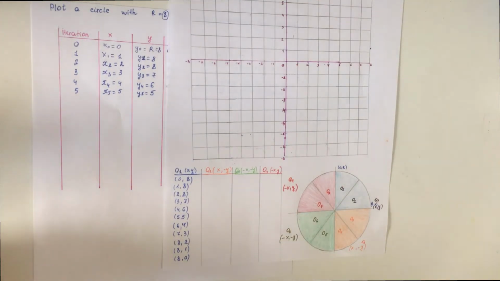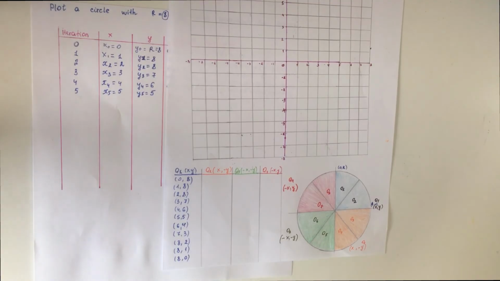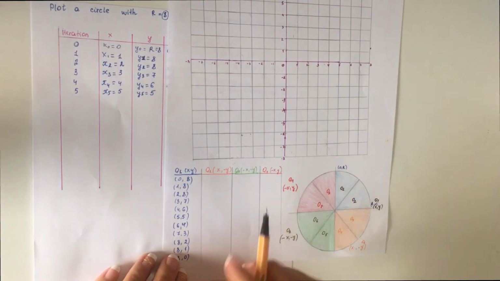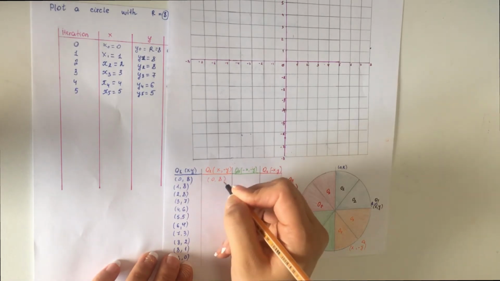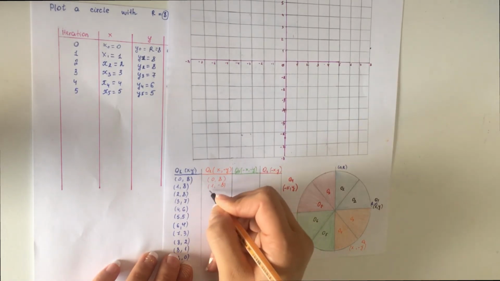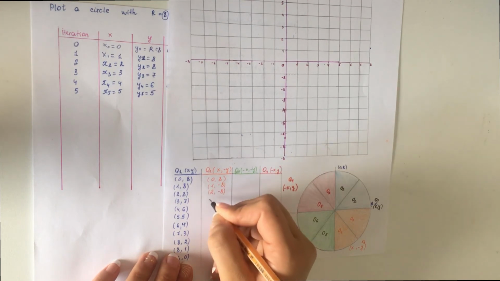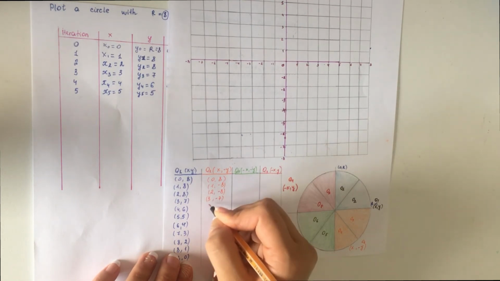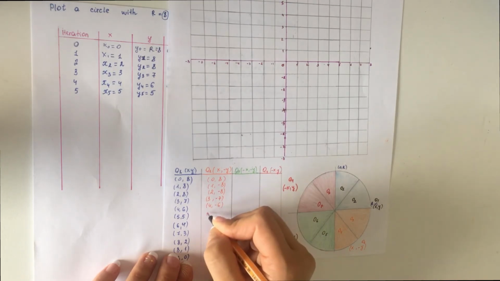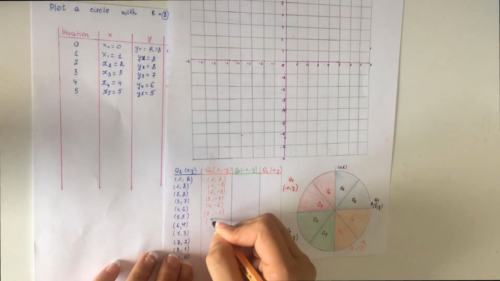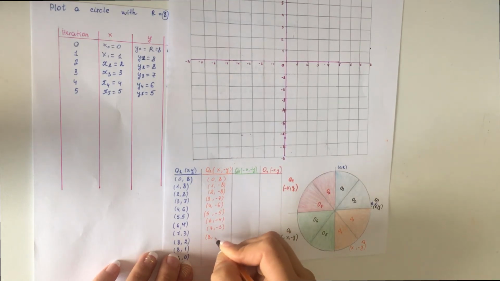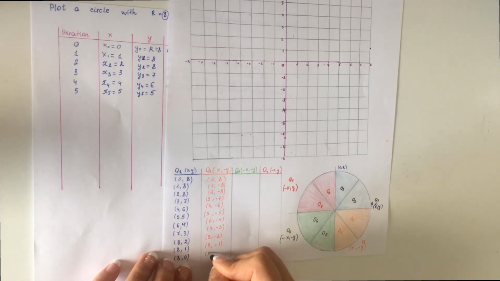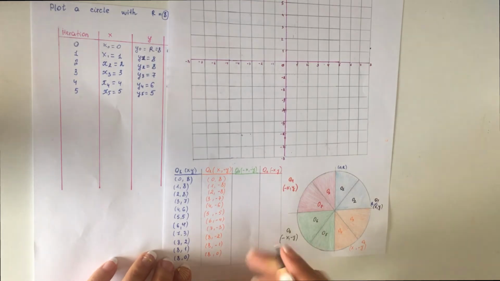In the second quarter, the value of x will be the same. The value of y will be negative. It means 0, minus 8; 1, minus 8; 2, minus 8; 3, minus 7; 4, minus 6; 5, minus 5; 6, minus 4; 7, minus 3; 8, minus 2; 8, minus 1; and 8, 0.